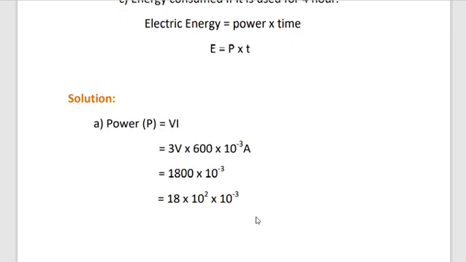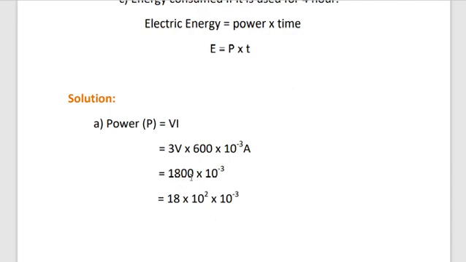Then we move to the first question. Power P equal to VI. Power is the product of potential difference and electric current. So the potential difference is 3 volt. Then I is given as 600 milliampere, so 600 into 10 power minus 3. What is the answer? 3 into 600 means 1800 into 10 power minus 3.